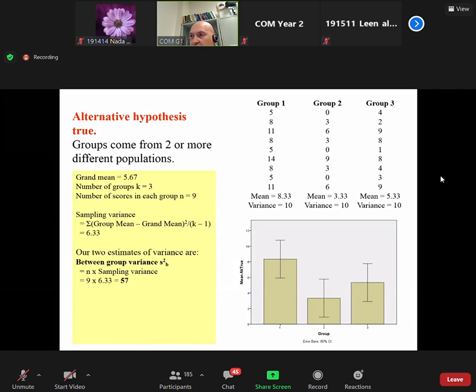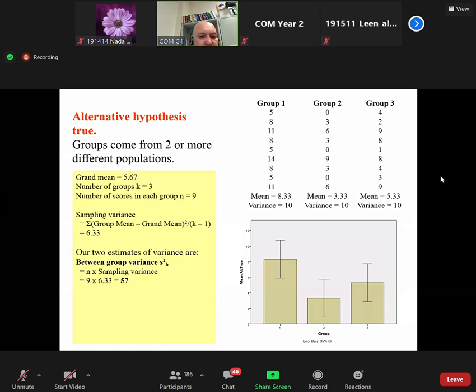Okay, good. Any other questions? Did I miss any? Someone was asking what 57 is. 57 is the between group variance. It's the estimate for the variance that we get from looking at the differences between the means.